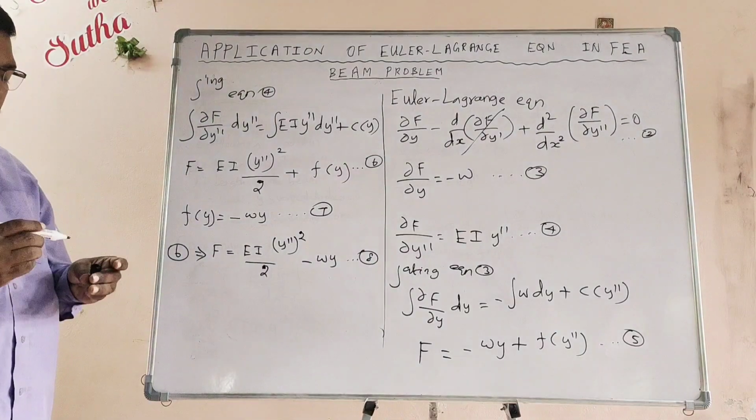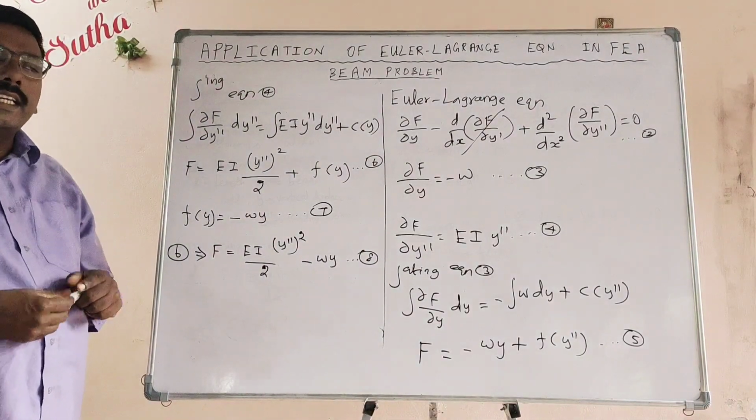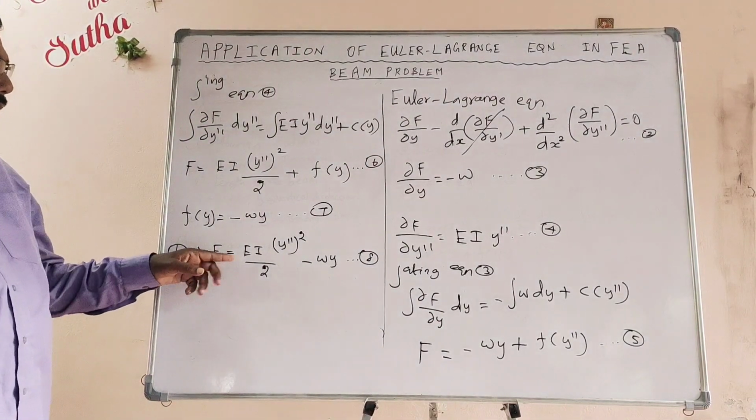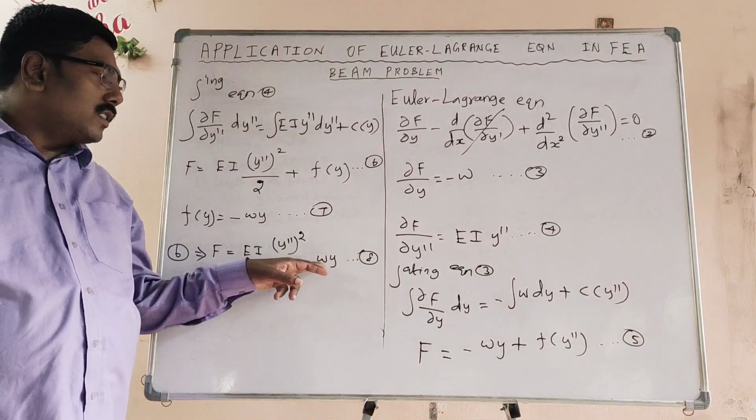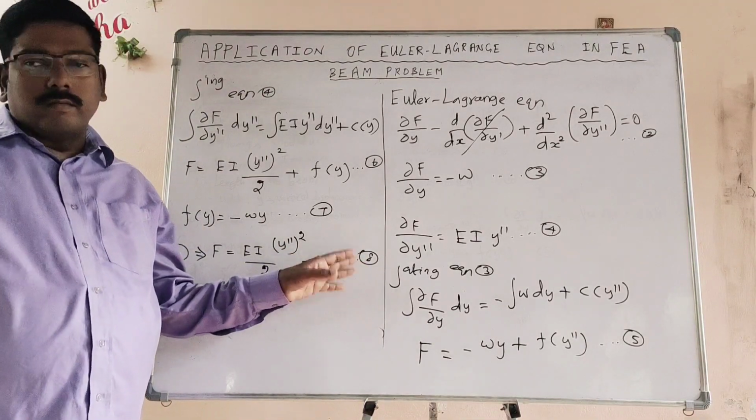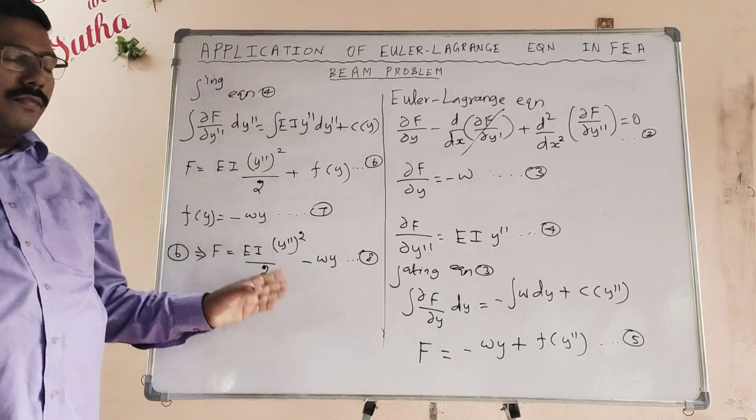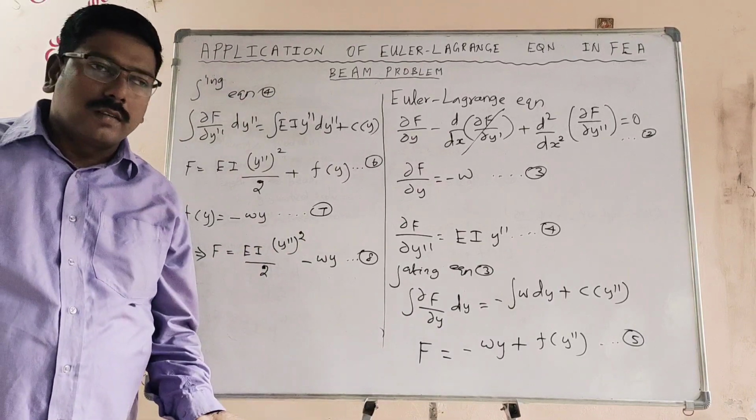EI by 2 y double dash square minus Wy. So this is called the functional, that is, a function of a function.